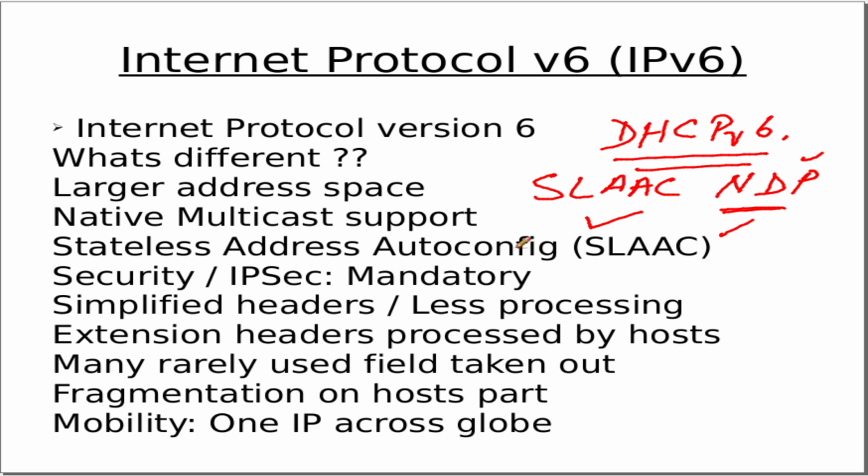So let's just remember for a while that stateless address autoconfiguration, which uses the NDP protocol, can be used to configure an interface automatically and assign it an IPv6 address.